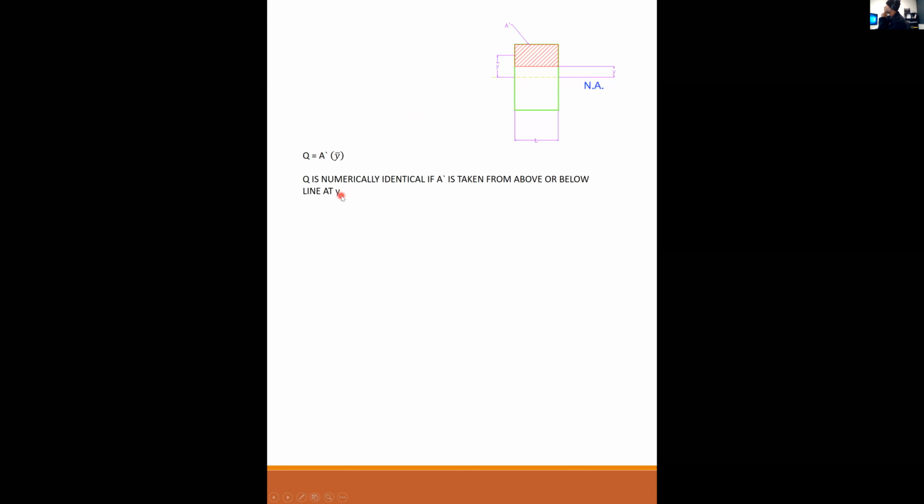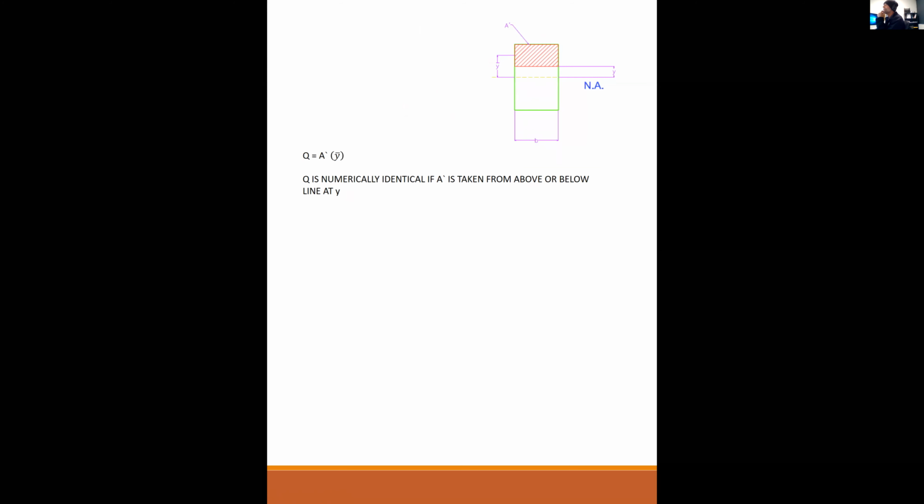Now, Q, the first moment, is numerically identical if A prime is taken from above or below the shear plane at Y. So this A times this Y, oops, I didn't draw the other illustration. Let me go back. I can augment this by just drawing in something here.